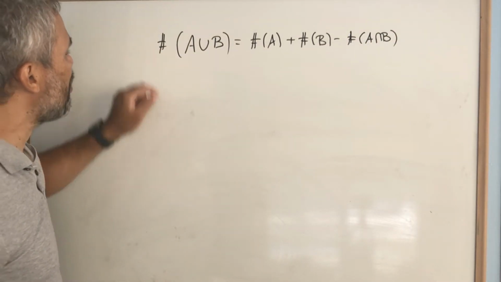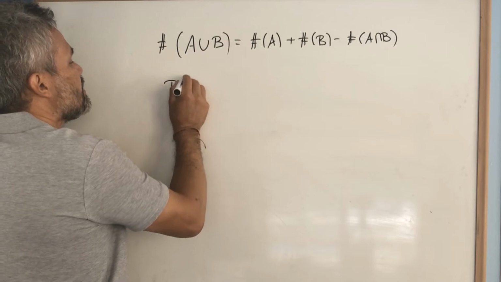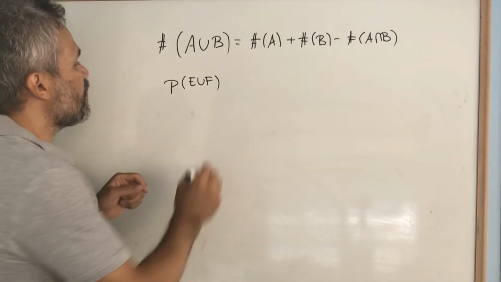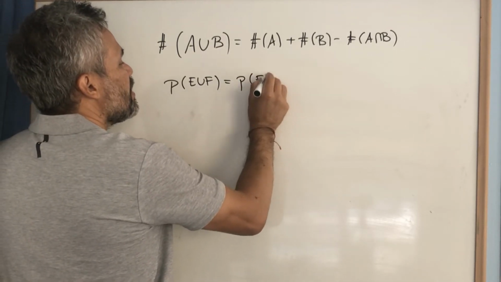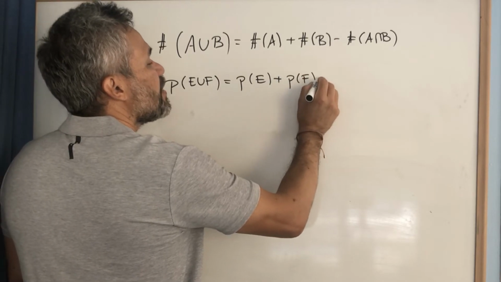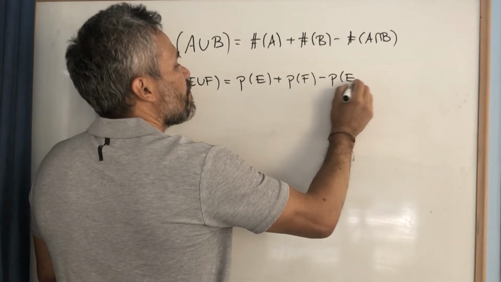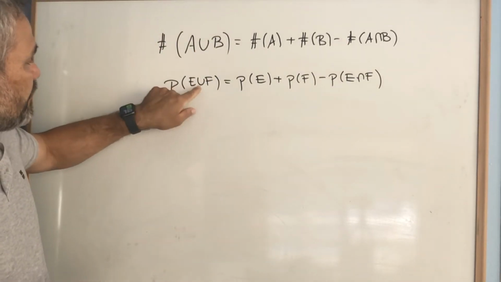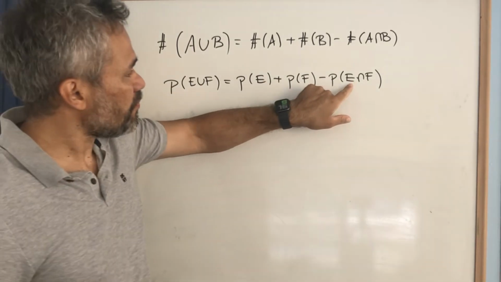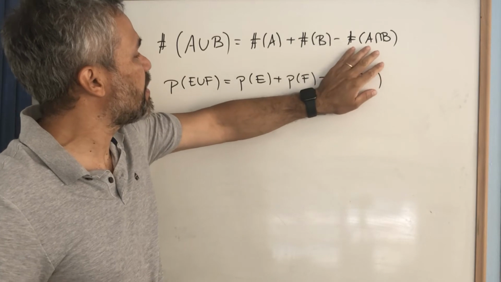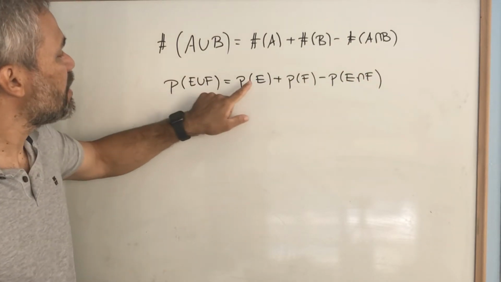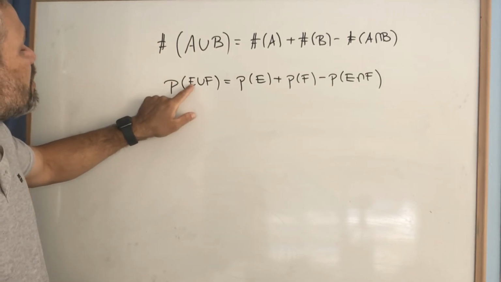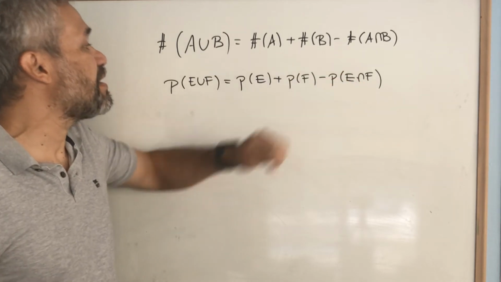Because of this property, it is not difficult to show that in general the probability of the union of two events is equal to the probability of E plus the probability of F minus the probability of E intersection with F. Notice that this goes along with the axiom that if the two events are disjoint, then the intersection is the empty set, then this probability is 0, then the probability of the union is just the sum of the probabilities. This formula somehow generalizes the probability of the union when the two events may not be disjoint.